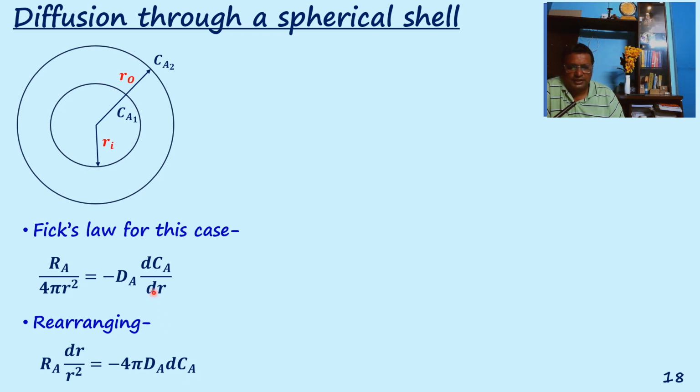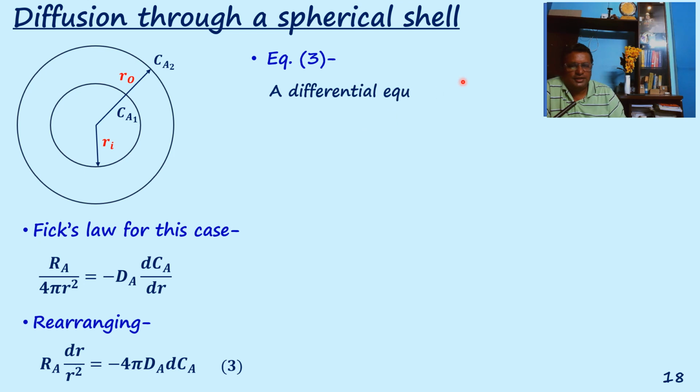What is done? dr from the right hand side, we have now got on the left hand side, and all other terms, that is 4 pi and the remaining two, we have taken on the right hand side. So you have Ra into dr upon r square equal to minus 4 pi dA into dCA. Let us call this equation 3.